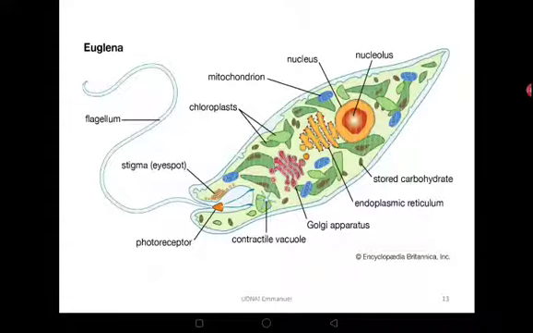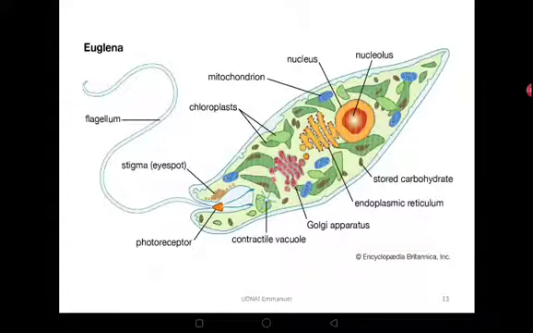So it beats to propel the cell forward, to move the organism forward. It is used for locomotion. Then we have the eye spot there. That one is photoreceptive, it is photosensitive. It is used for detecting light. And usually the organism moves towards where light is because it's a photosynthetic organism.